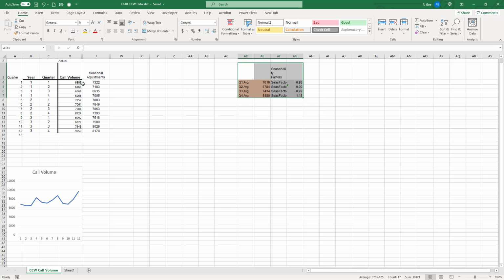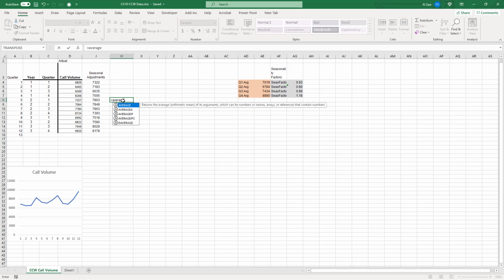Okay, so now we're going to use a 4 period moving average. So that means here, those 4 will be used to predict the first quarter of the second year. So this is the first time we need to collect 4 quarters' worth of data before we can do this moving average. Actually, this is going to go a little bit quicker because I can grab the 4 previous, right?